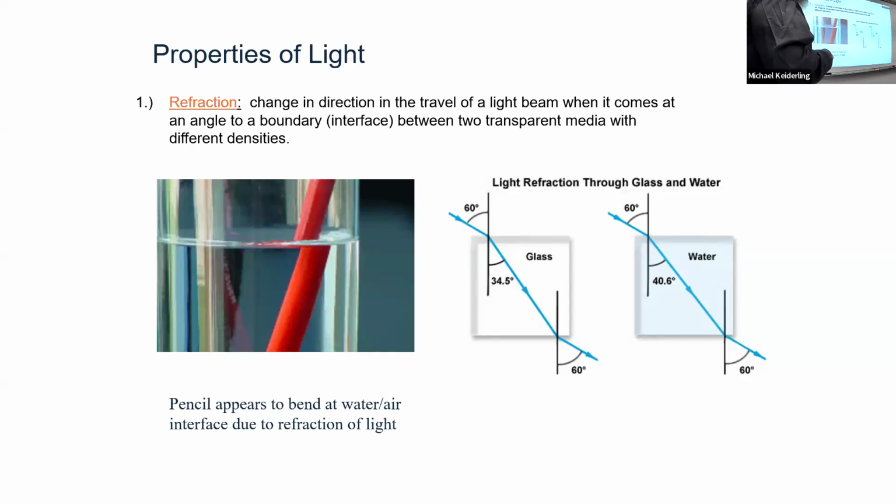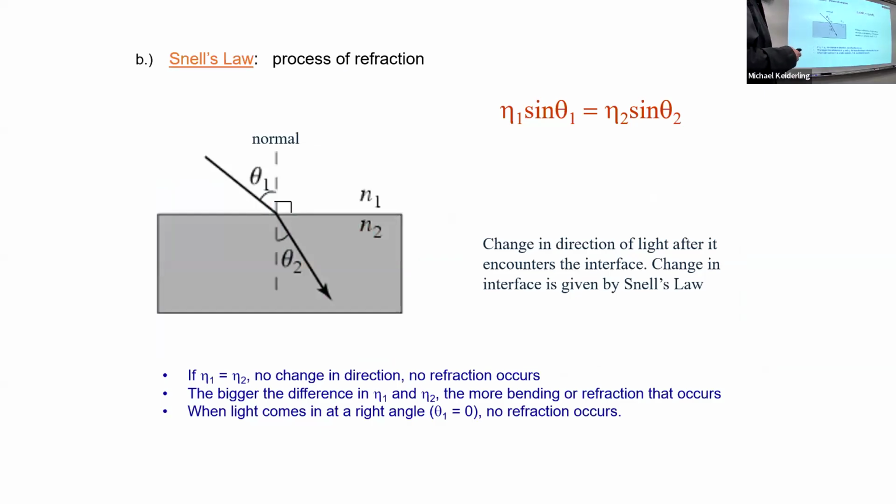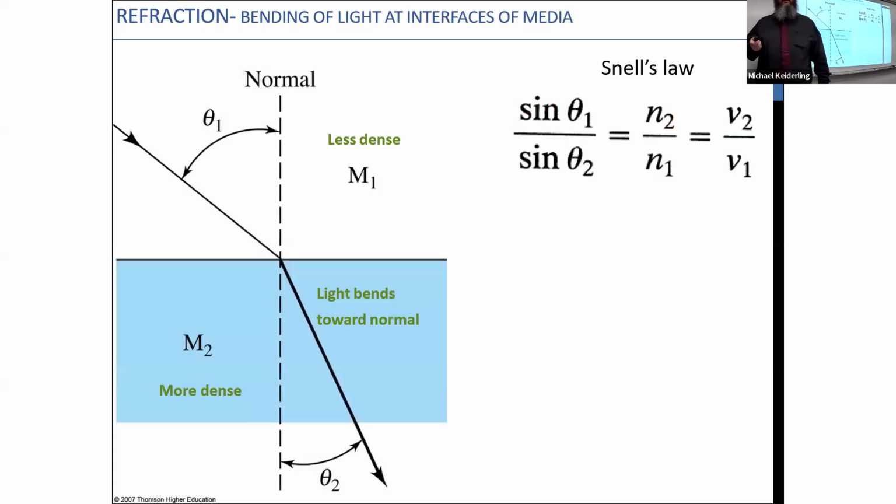That bending is described by Snell's law and the index of refraction, where the index of refraction times the sine of the angle to the normal equals the index of refraction times the sine of the angle to the normal in the second medium. I don't think I actually have you do any Snell's law calculations, but the fact that the index of refraction varies with wavelength is how prisms separate light into various colors. So this is Snell's law.